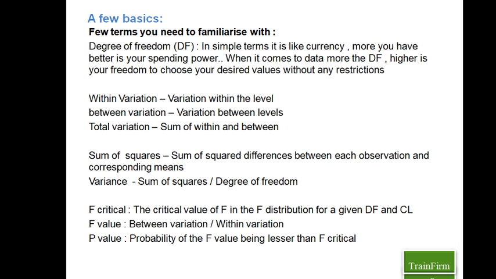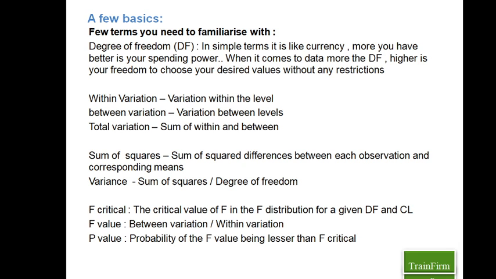So if I have certain beliefs, I'm ready to take a risk of 5% to forego that belief and to believe the alternate hypothesis. So technically what you're going to look at in the F critical table or in the F distribution is what is the probability that the F value is higher than the F critical value.